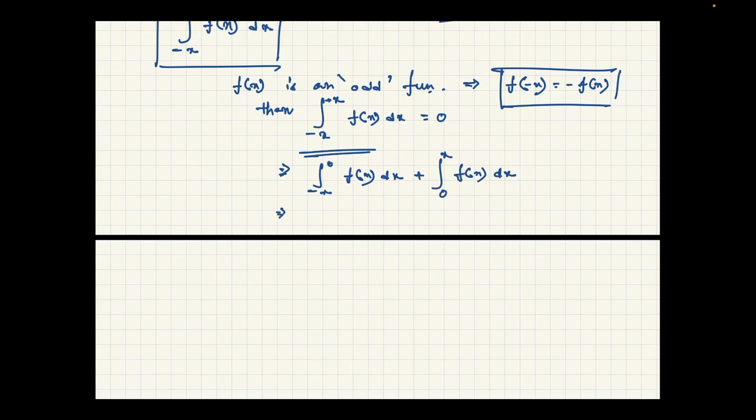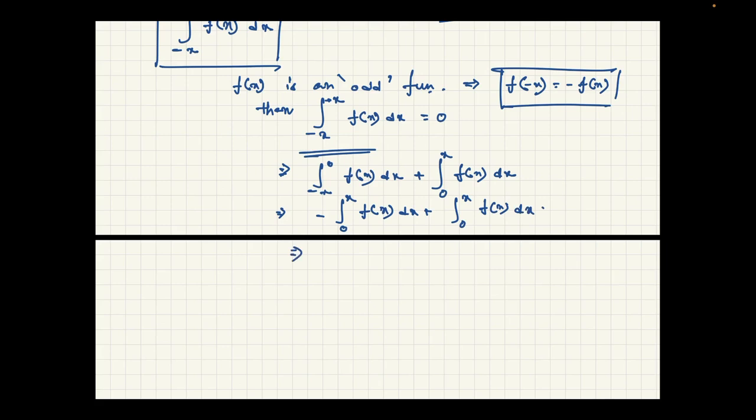So for minus x to 0, when you put the value of x here in f(x), it will be minus of f of minus x, that would be just minus of f(x), right? Plus 0 to x, this will be f(x) dx.